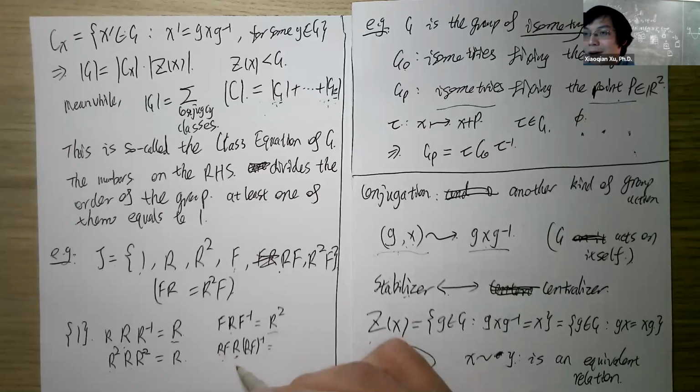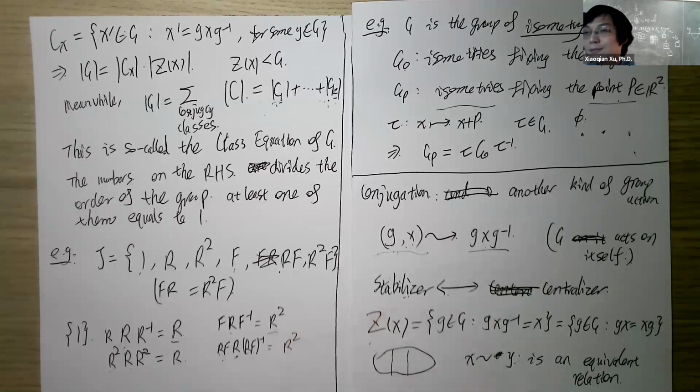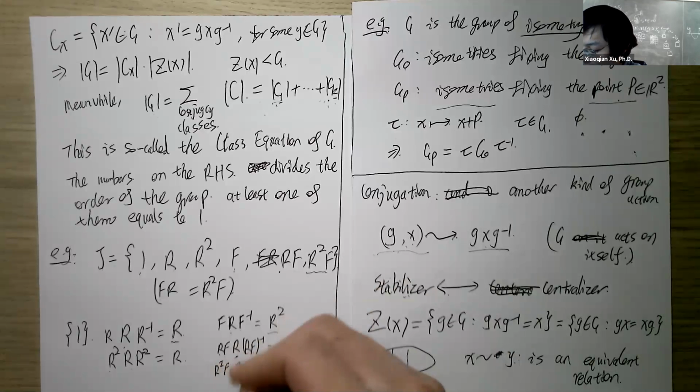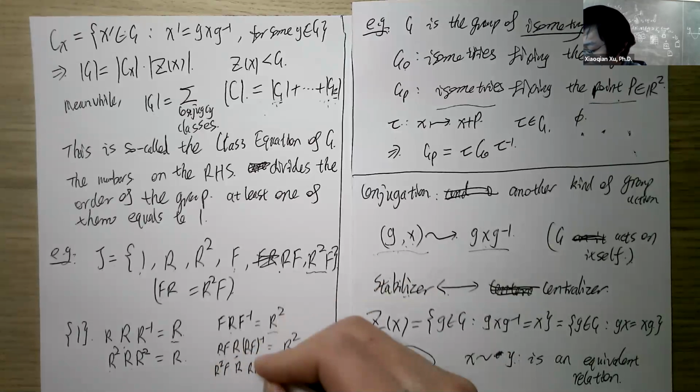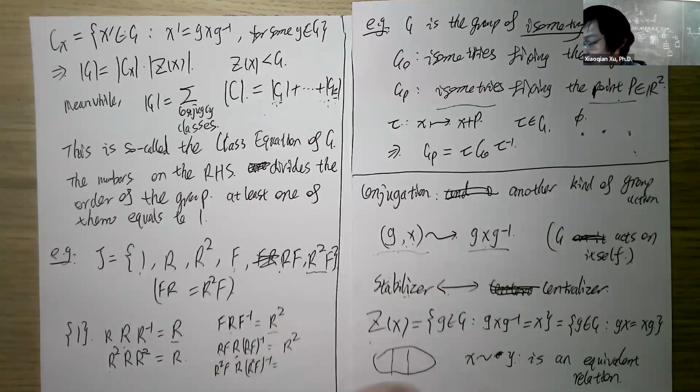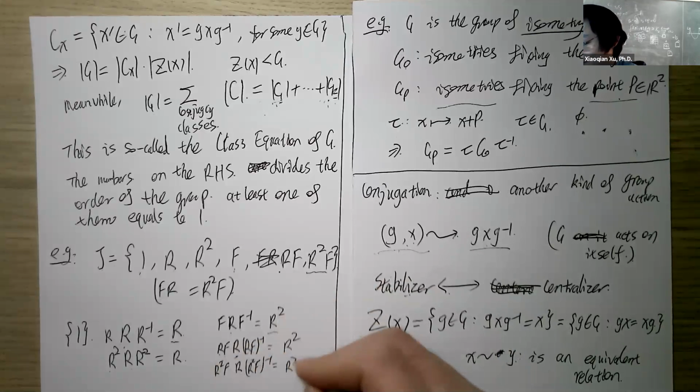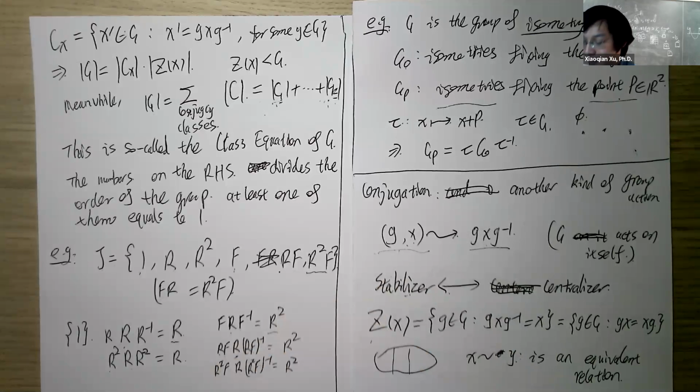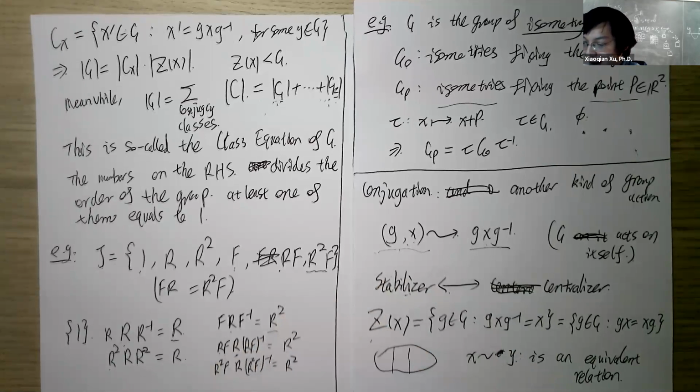So F inverse cancels F, and it's R inverse, so it's R square. And similarly, if you use R square F acting on R, R square F with R times F inverse R, you still get R square. So we can conclude that the conjugacy class, or the orbit, of R is R and R square.